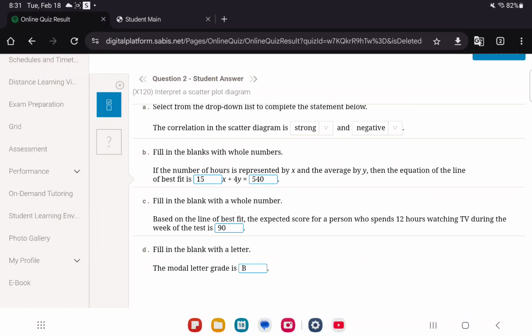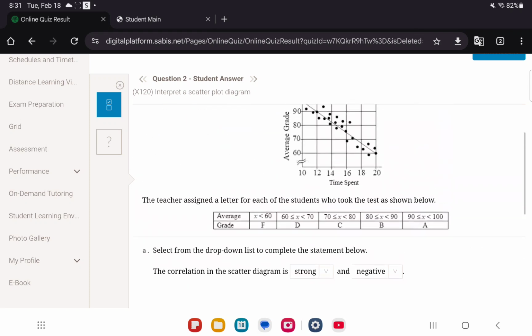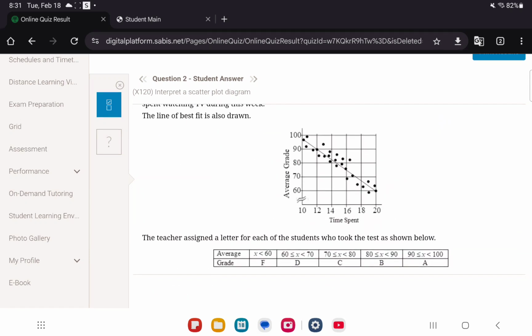The modal letter. What did I say about mode? Mode is the one that has the greatest frequency. Modal letter is the letter that has the greatest frequency. So we go up. Where do we see a lot of dots? We see a lot of dots in this area here, right?